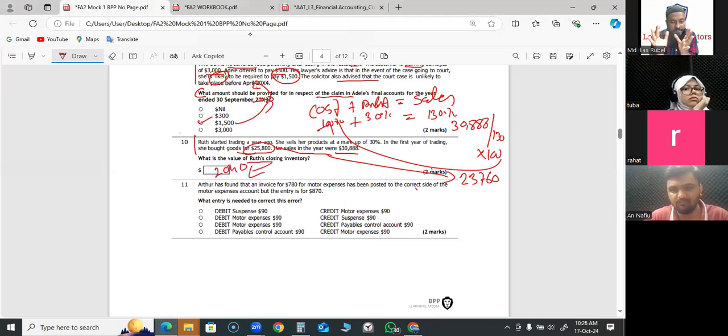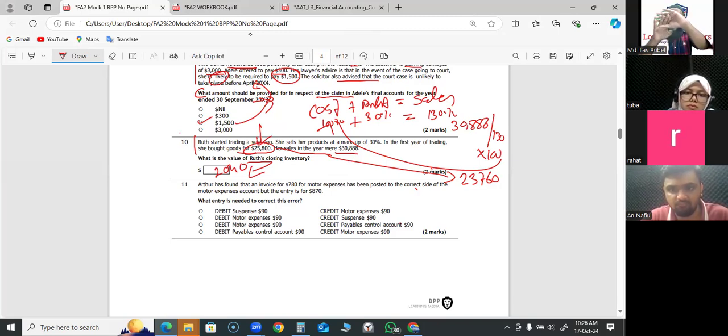Summarizing for you again, please. Ruth started a business a year ago. She sells her product at cost plus markup. Cost plus profit is called a markup. She bought the items for 25,800. Let's assume, as a very quick, simple answer, I bought 500 items worth 25,800.